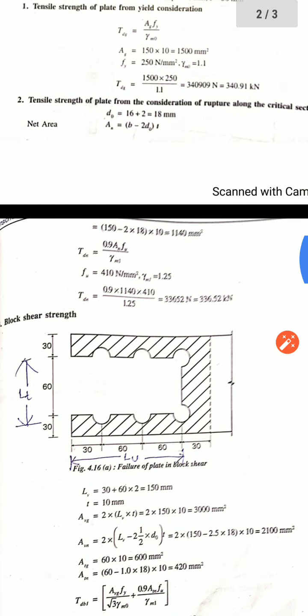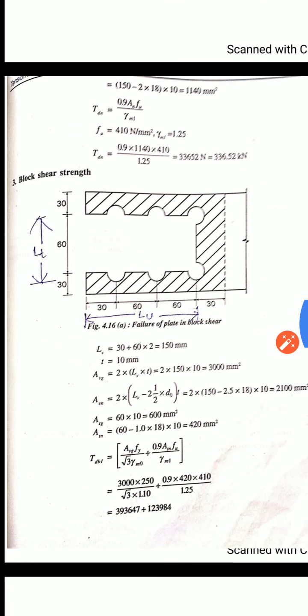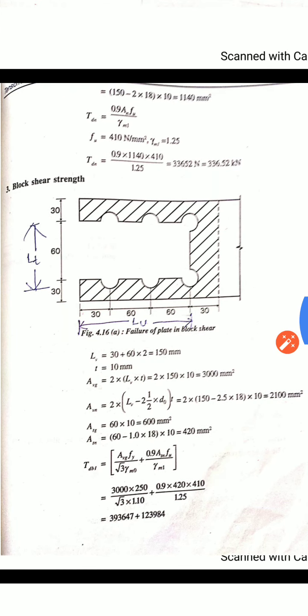And third is to find the design strength due to block shear. In tension members, the strength due to block shear is very important. It consists of two formulas. Tdb1 is equal to Avg fy divided by root 3 gamma m0 plus 0.9 Atn fu divided by gamma m1.